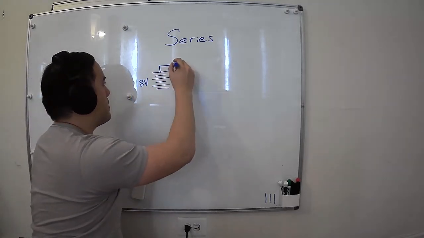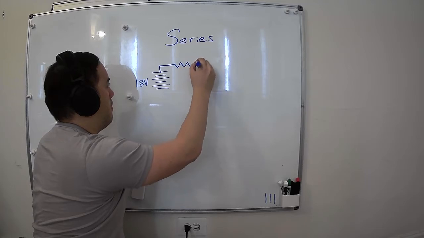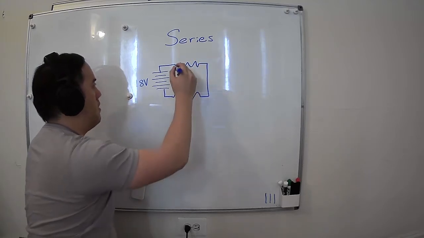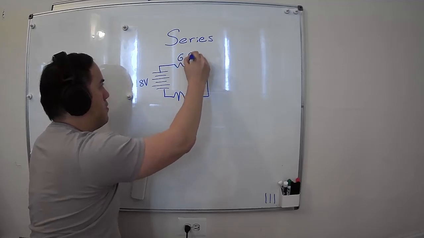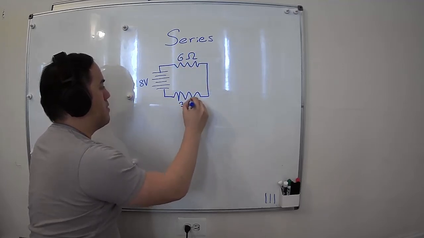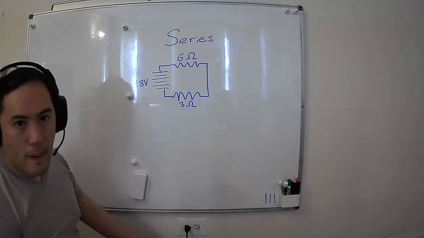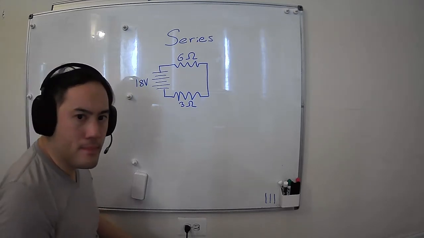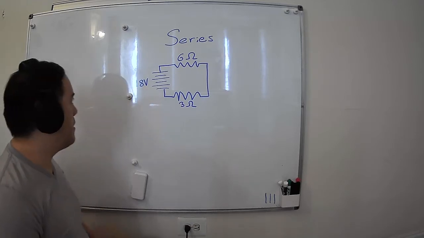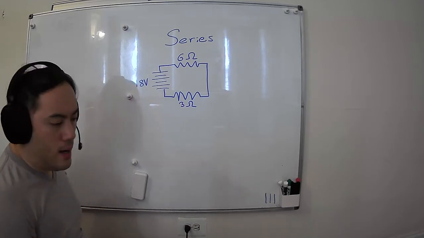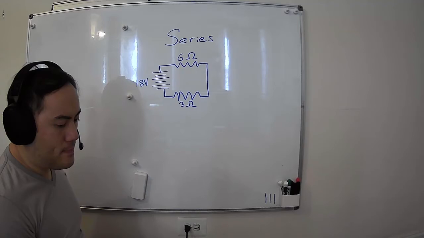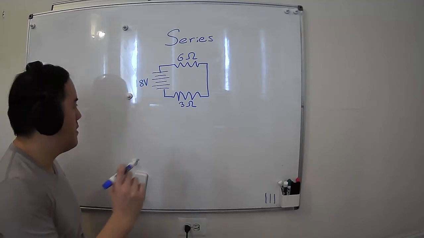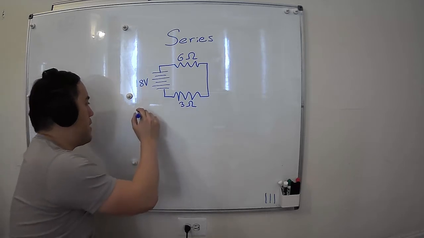We have 2 resistors, 6 ohms and 3 ohms. We know V equals IR.